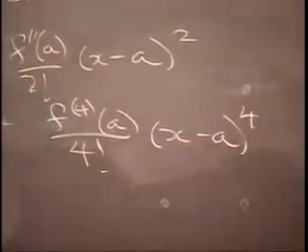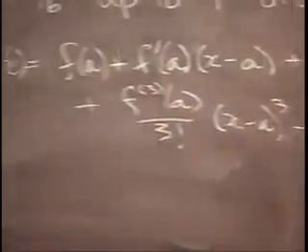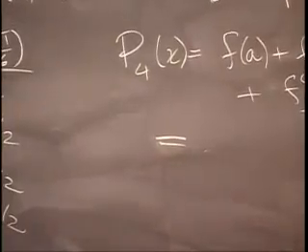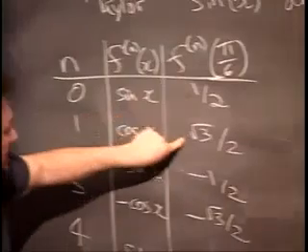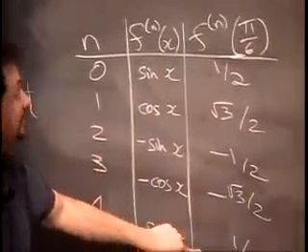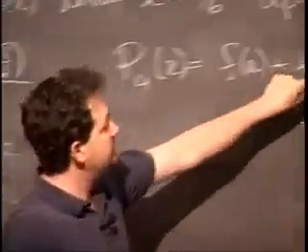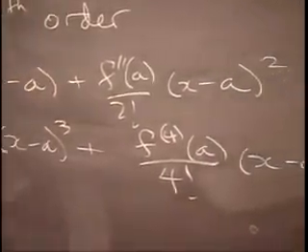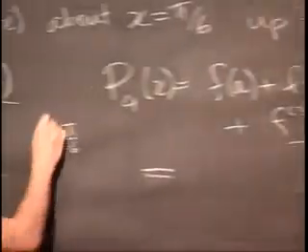That's the fourth order Taylor polynomial in general. See how useful it is to be able to write this? Now I'm going to immediately just plug in these values, which are now not all the same, in place of these derivatives here at a. And I'm also going to put a equals pi over 6, just to remind myself of this.